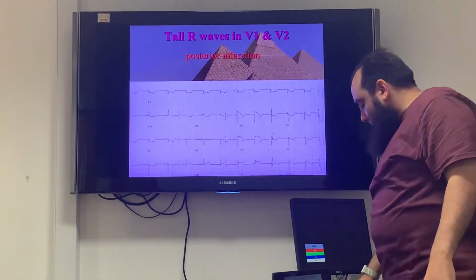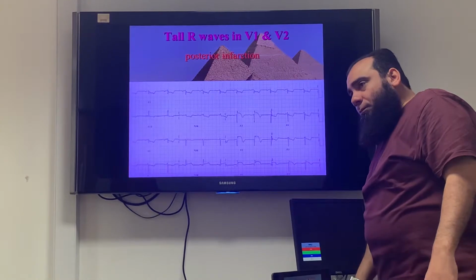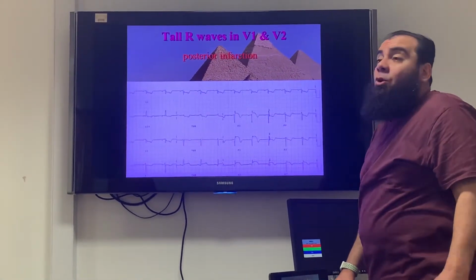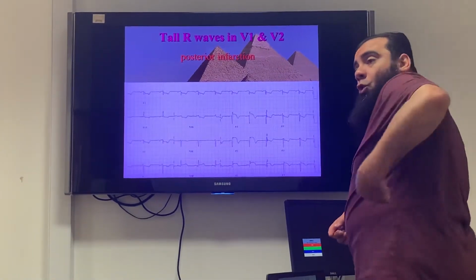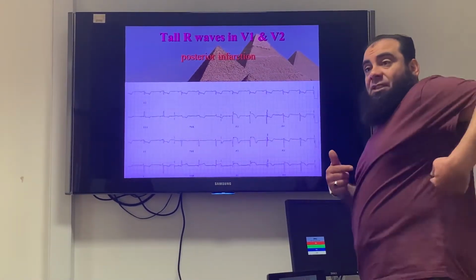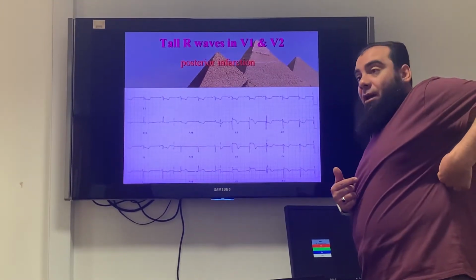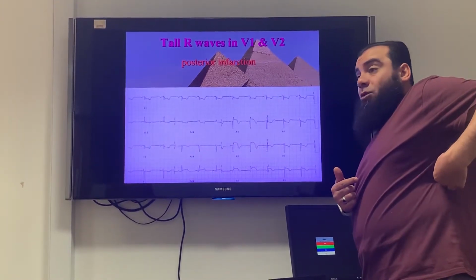Okay. What else can we do? We need to see the posterior leads. So what we do, usually V1 to V6. V6 ends at the posterior axillary line at the fifth intercostal space.